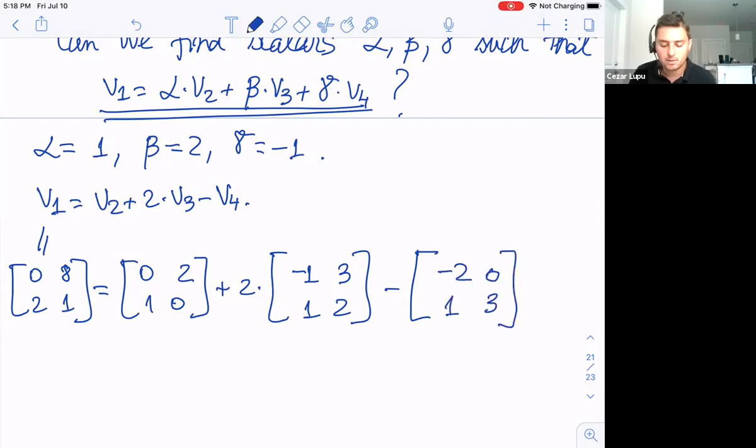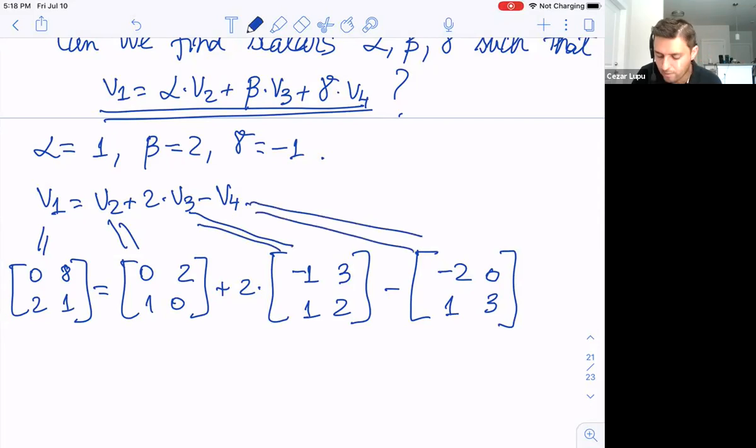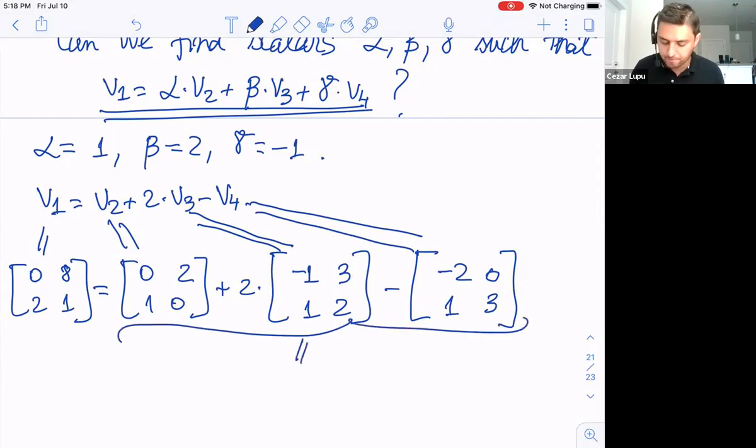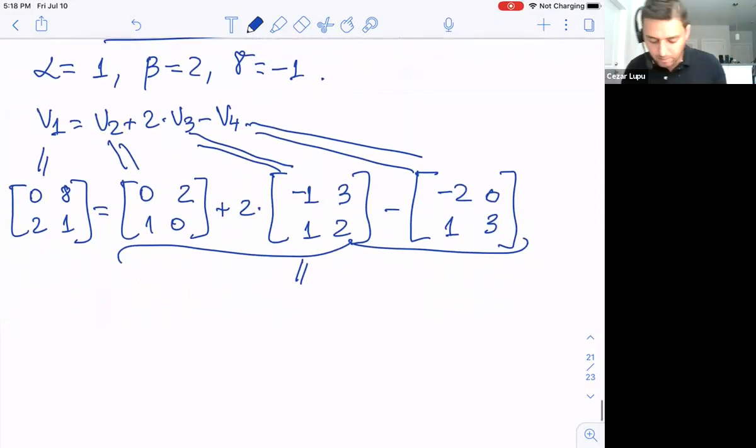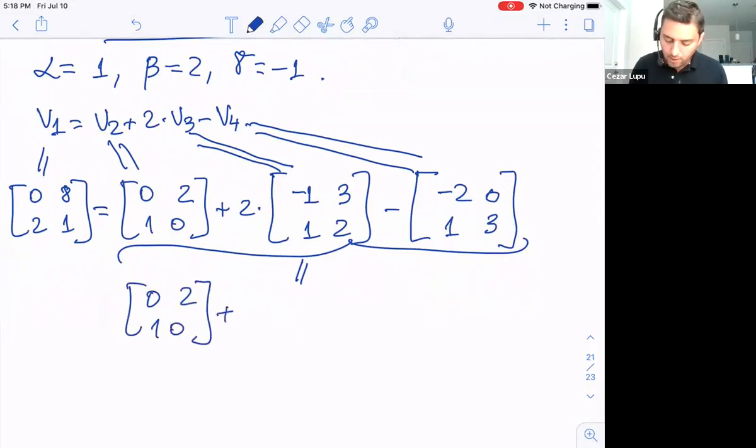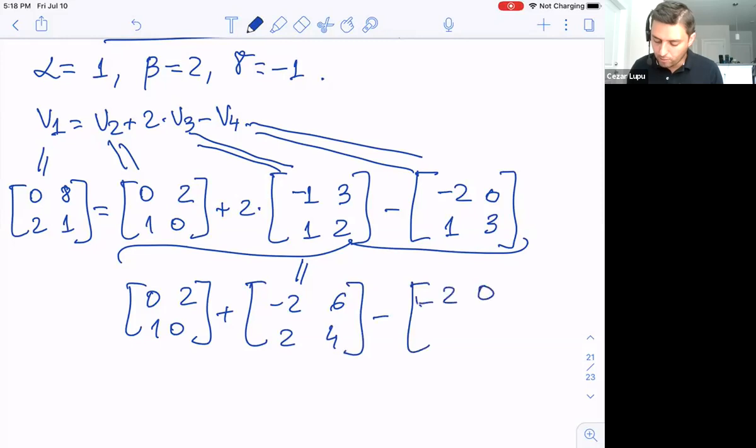So this is V2, this is V3, and this guy is V4. The only thing you need to do right now is look at the matrices and do the operations. Let's do it quickly: (0, 2; 1, 0) plus this guy (negative 2, 6; 2, 4), minus this guy (negative 2, 0; 1, 3).